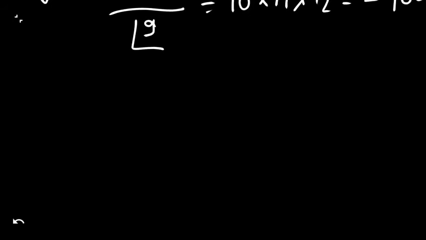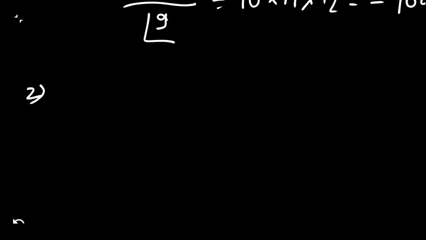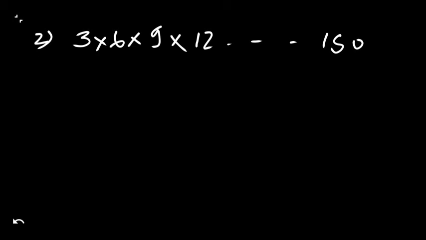Now let's get to another type of question, another expression written as 3 into 6 into 9 into 12 up to 150. How will we write this in factorial notation? What we can do is represent all these individual numbers as a multiple of 3.